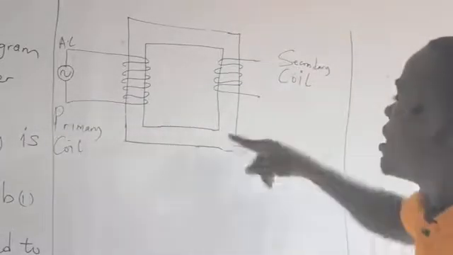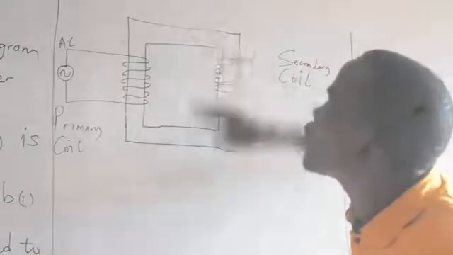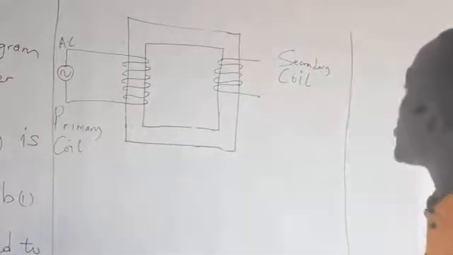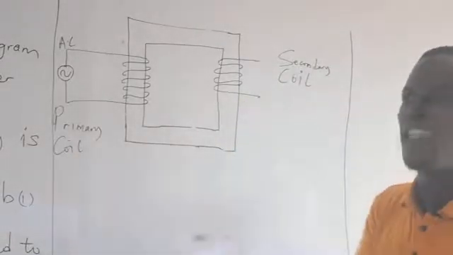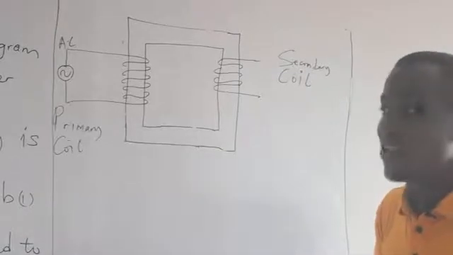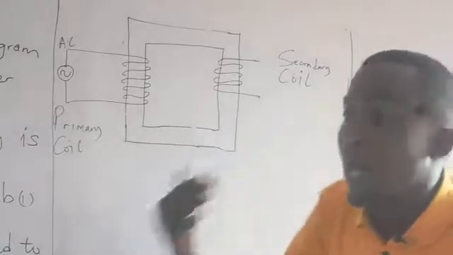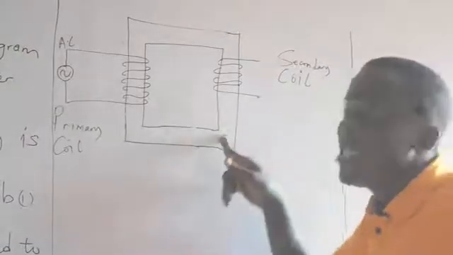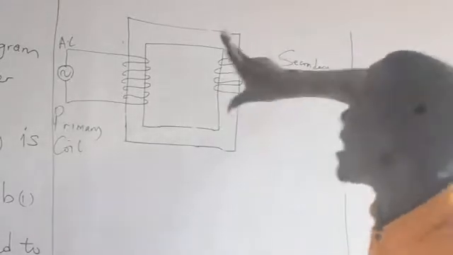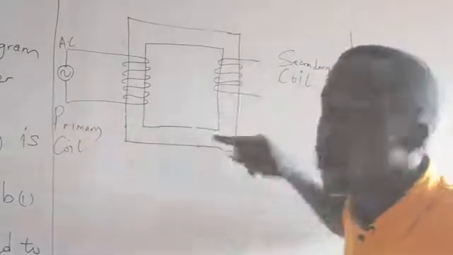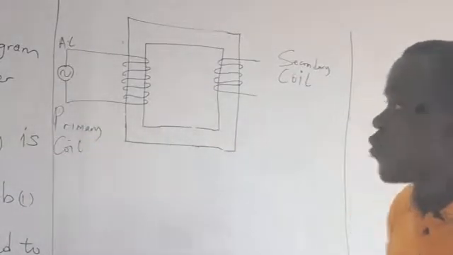What happens is that there is an alternating flux in this core. During that process, the secondary coil will have the ability to induce an EMF. Remember Faraday's law of electromagnetic induction, which says that the induced EMF is directly proportional to the rate of change of magnetic flux. Meaning it is the magnetic flux in this iron core that determines what the secondary coil gets.